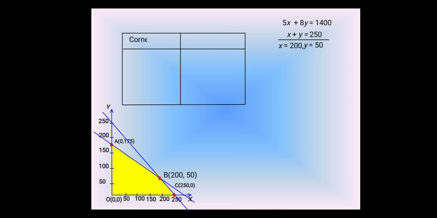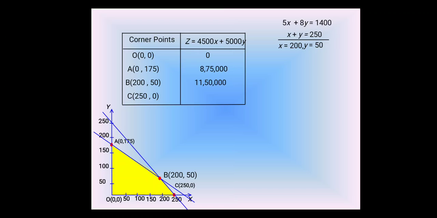Here the corner points are O of 0, 0, A of 0, 175, B of 200, 50 and C of 250, 0. Therefore, we have the values of Z as 0, 8,75,000, next one is 11,50,000, next one is 11,25,000.